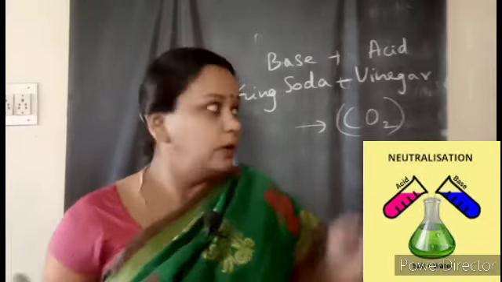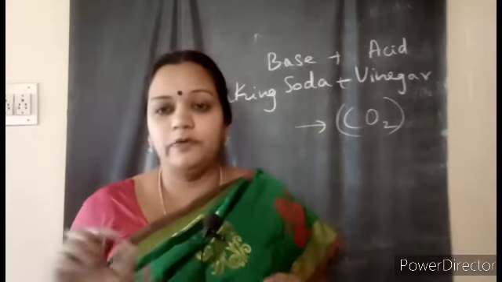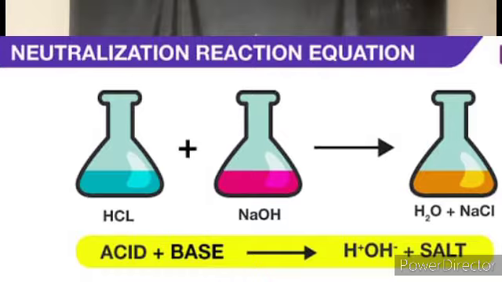But when a base and an acid are mixed in the correct proportion, a salt is formed, and also water is formed, and some heat is produced. That is called neutralization. Neutral, that term you know by now: neutral means they are not acidic and not basic. Even neutrons we learned, with positive and negative charge.